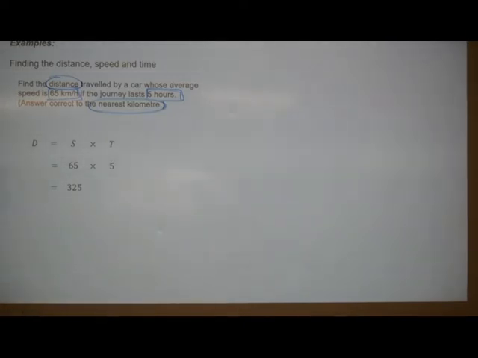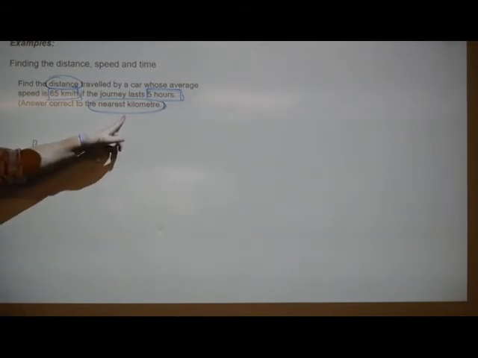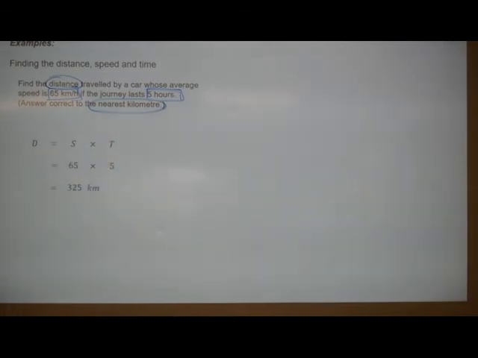The kilometres, because what was I asked to do? The nearest kilometre. So I need to add that in to tell whoever's reading it what's going on. Any questions on that? There's our next question. How long will it take a vehicle to travel 150 kilometres at a speed of 60 kilometres per hour?